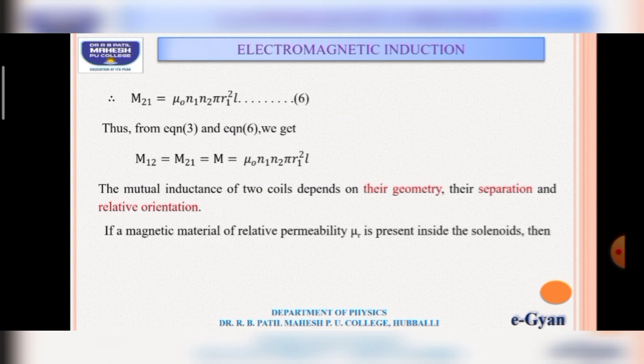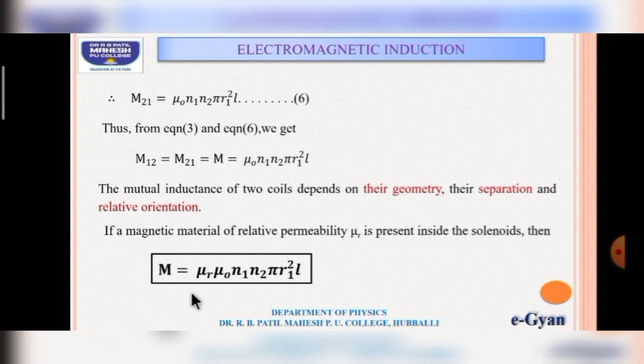If magnetic material is inserted in the coil of relative permeability mu r, then mutual inductance is given by mu r into mu naught into N1 into N2 pi R1 square into L.